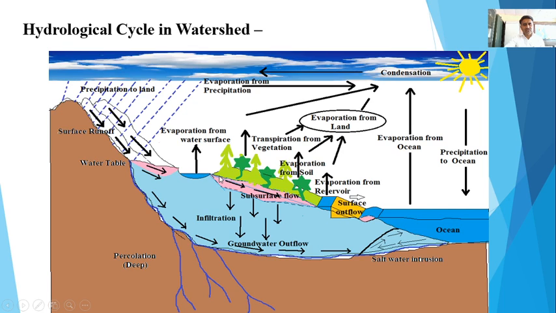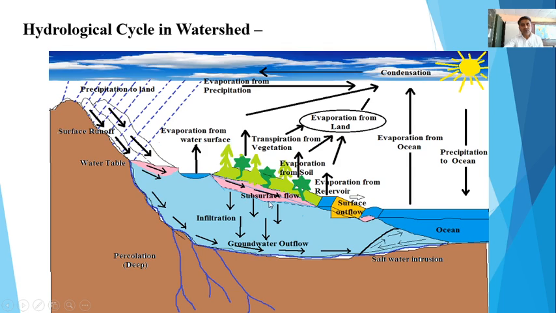Whatever the strata of the rock, whatever the type of rock, how much is the slope, how much is the denseness of the rocks and soil, these things are also important in the percolation process. So once the rainfall occurs, it flows according to the slope, and some amount of water percolates, and some amount of water infiltrates. Infiltration again depends on the types of rocks and many things.